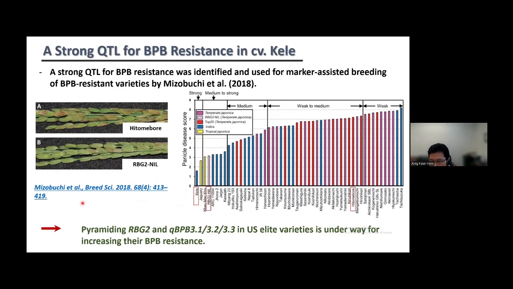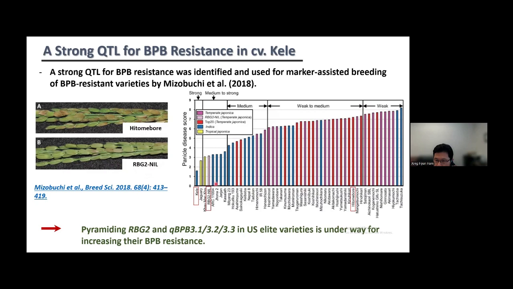That was identified around 2018 by Mizobuchi's group. What they did was cross Kasalath into the susceptible Japanese cultivar Hitomebore, and do a series of backcrosses to generate a new near-isogenic line introducing this major locus into Hitomebore.